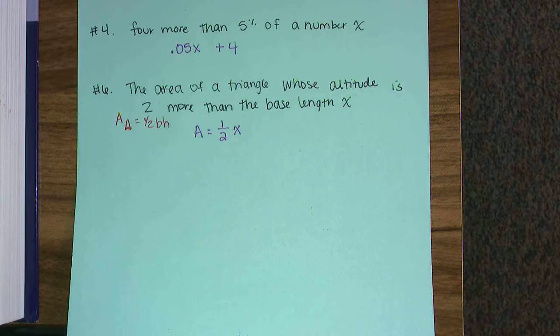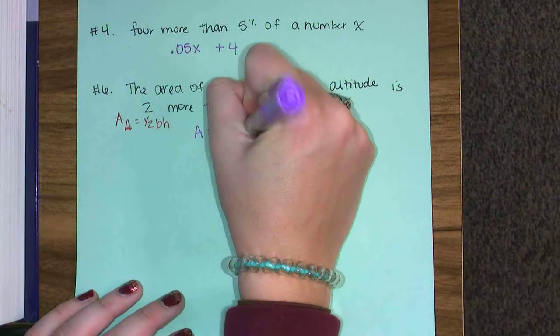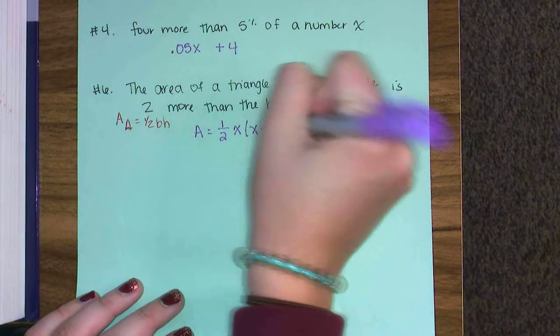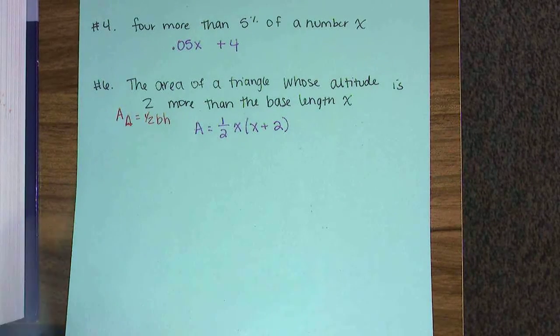Everything in the same variable. It's 2 more than the base, that's x plus 2. It's our base plus 2. You can obviously just leave it this way, you don't need to combine things together. The height said it was 2 more than the base, so we use whatever we were given for the base and then add the 2 to it.